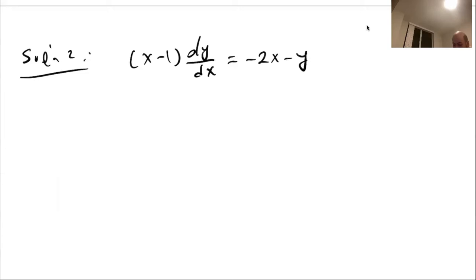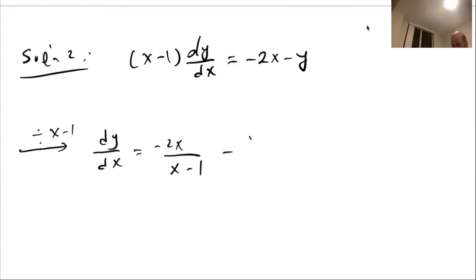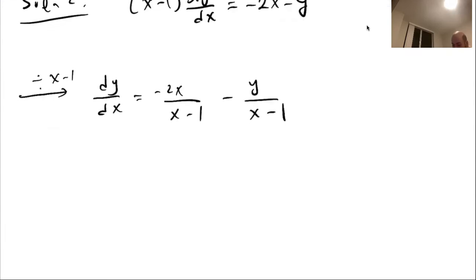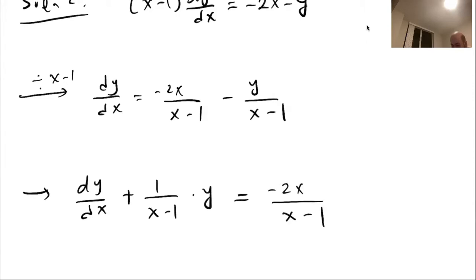Now, we can write this as, if I divide everything by x minus 1, dy/dx equals minus 2x divided by x minus 1 minus y divided by x minus 1. Now, if I take the second term on the right-hand side to the left-hand side, then I'll have dy/dx plus 1 over x minus 1 times y equals minus 2x divided by x minus 1.